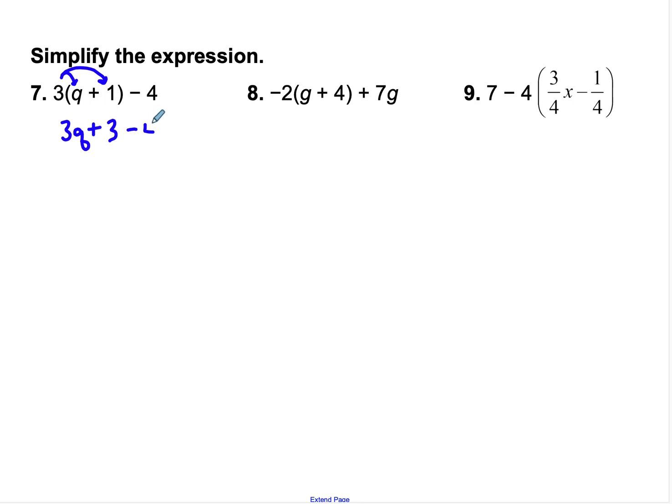Minus 4. I'm going to go ahead and do boom, boom. And I'm just going to throw in my associative property here, group my like terms. I'm going to end up getting 3q plus, different signs find the difference, 3 plus -4 is -1. 3q plus -1 or 3q minus 1.